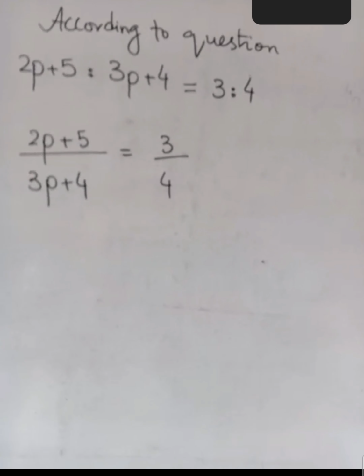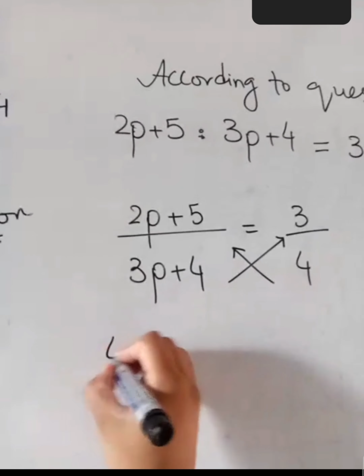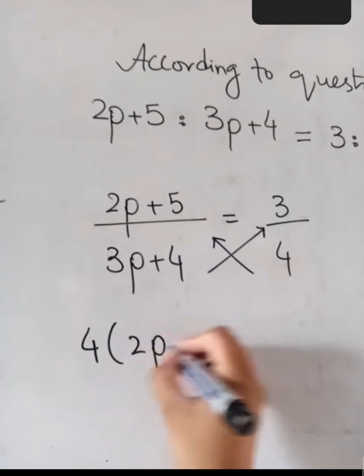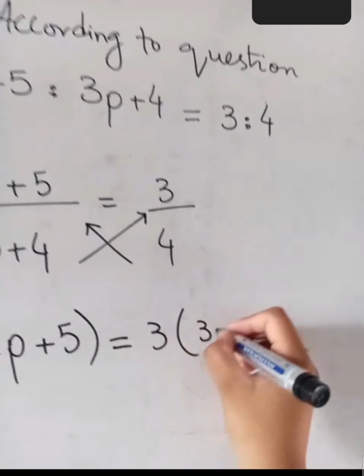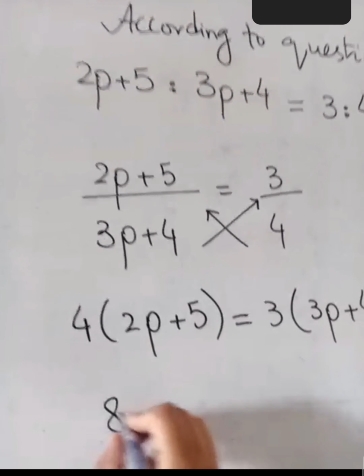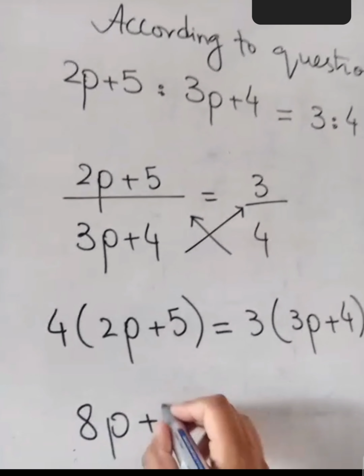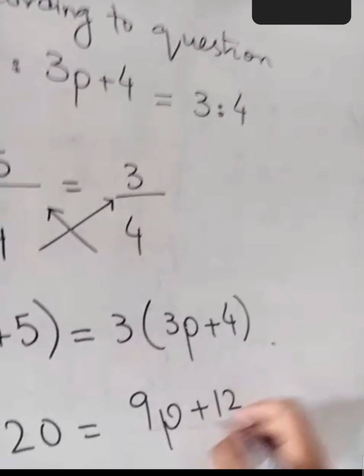I think cross multiplication is better. Do cross multiplication of the numbers. This will be 4 times (2p plus 5) is equal to 3 times (3p plus 4). This is 4 times 2 is 8p plus 5 times 4 is 20, is 9p plus 4 times 3 is 12.